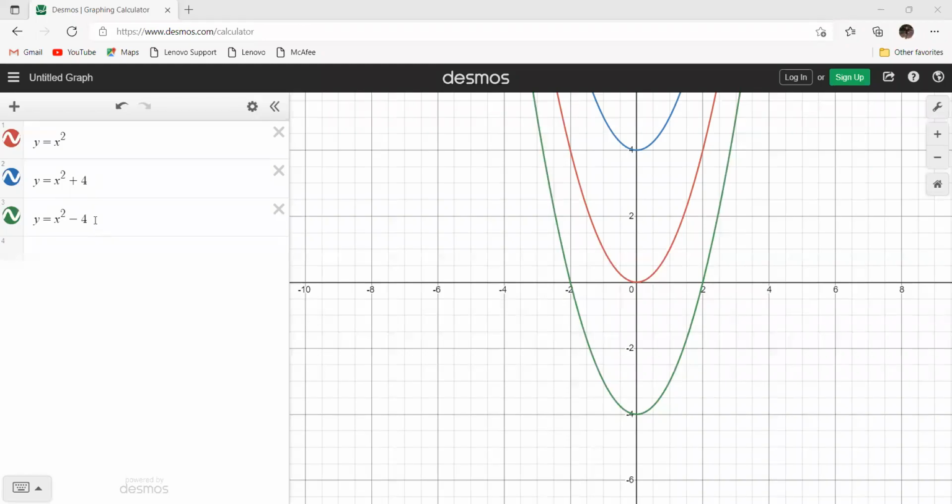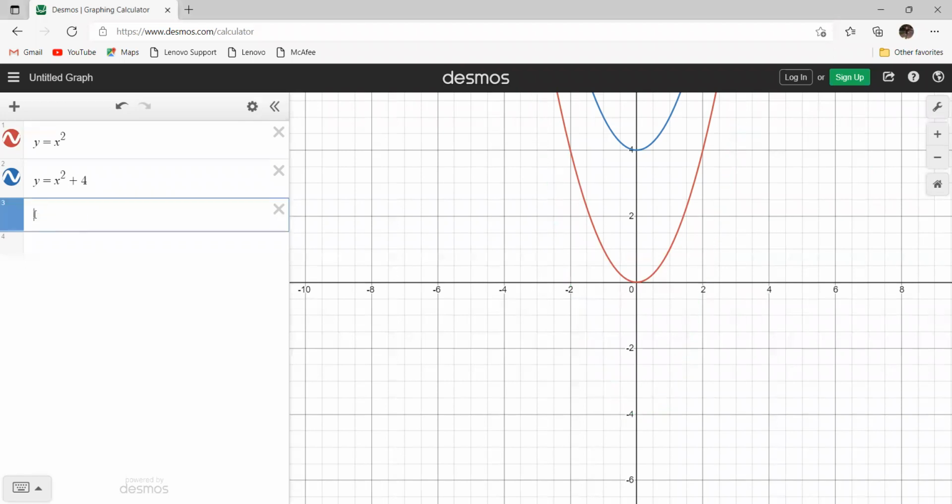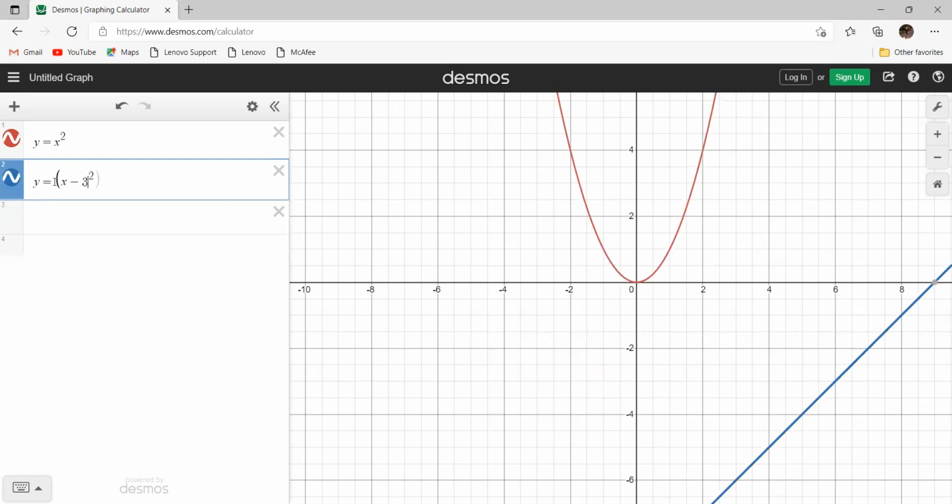So what I'm going to do is take my x squared, and now instead of changing y, I'm going to directly change my x. So I'm going to put that in parentheses, go next to x, minus 3, and close the parenthesis. Well, guys, look at this.